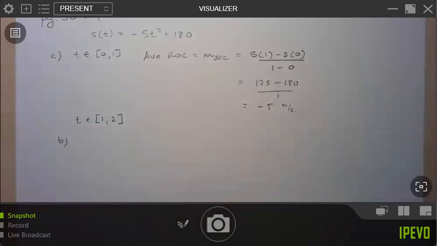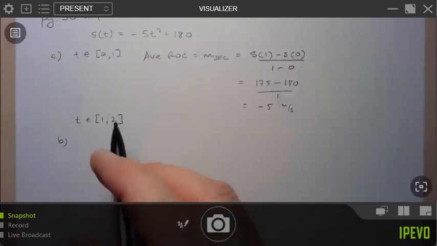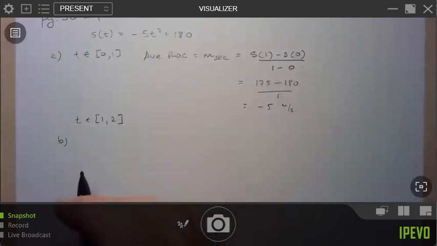Okay, so at this point here, we've got lots of options. They're not clear as to whether they're looking for an approximation, whether they want us to do it using the limit definition, or whether we can now use our derivative properties to use the derivative to find the rate of change.